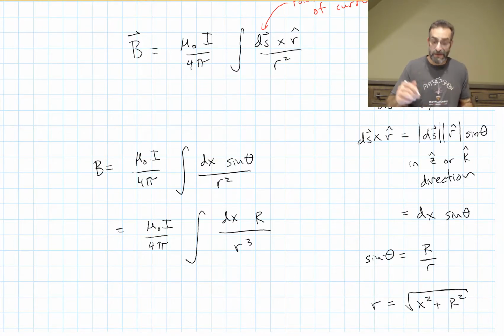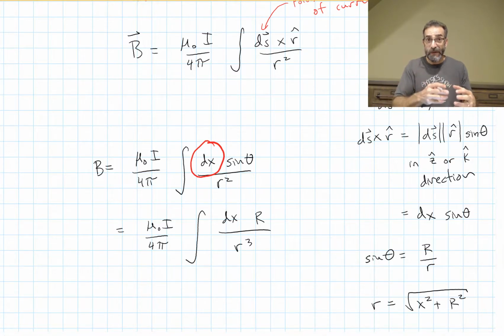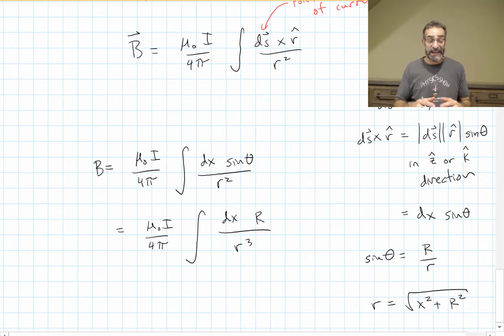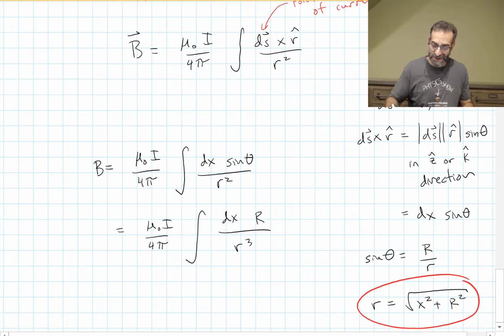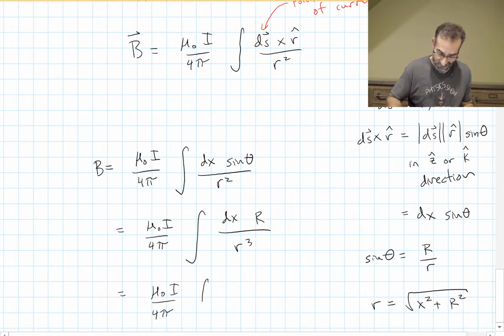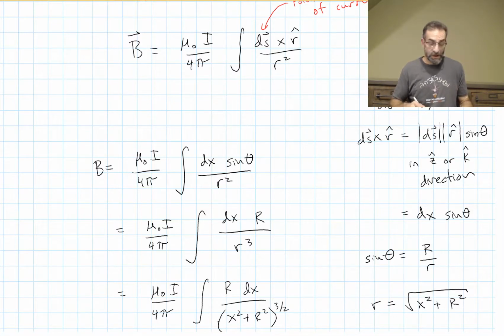Remember, just like with electric fields, once you know what you're integrating with respect to, you want to convert all your variables into that one so you can integrate with respect to it. So once we know that we've got a dx in there, we want to turn everything else, we want to turn our r into an x. And so how do we do that? Well, we're going to use this substitution. So we have x squared plus R squared to the 3/2 power because we have r cubed and r is the square root of x squared plus R squared.